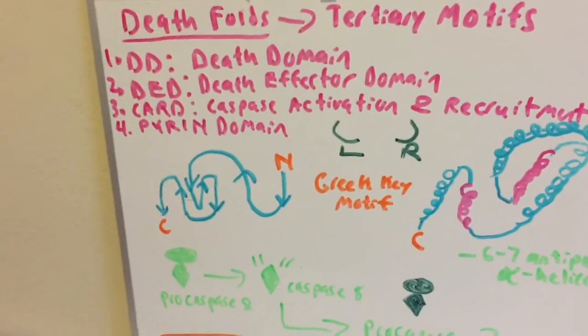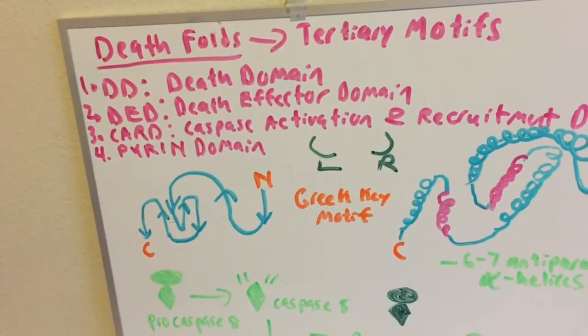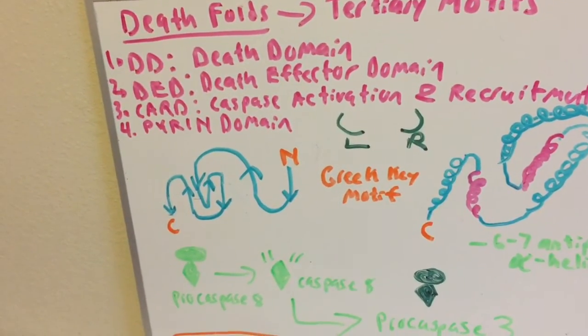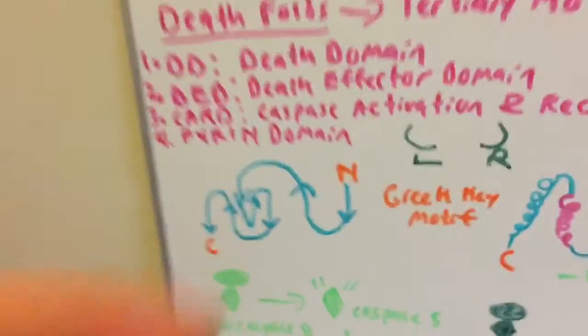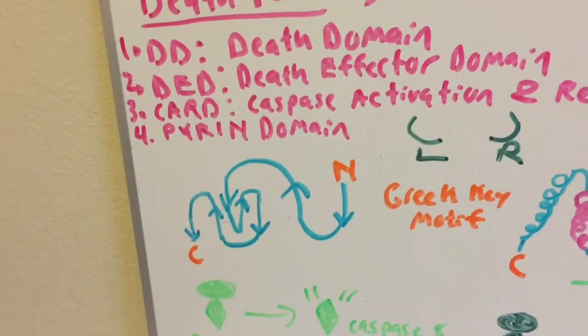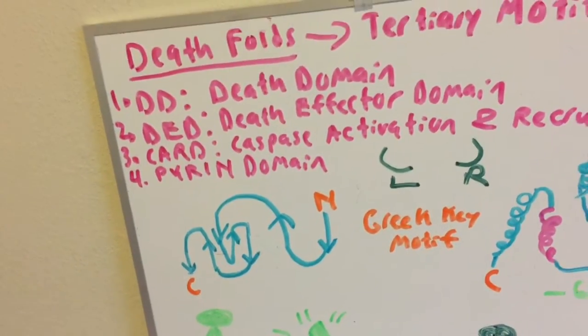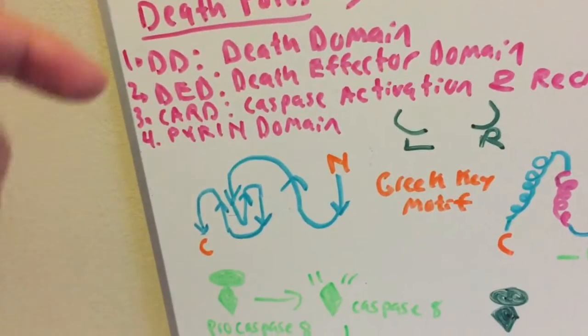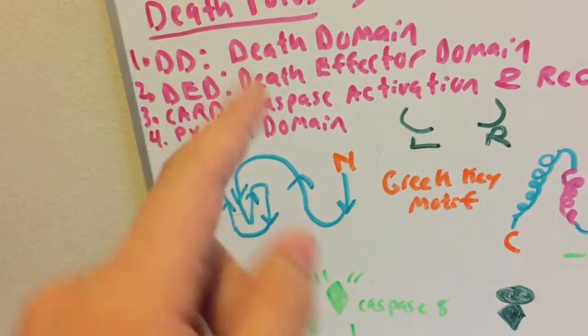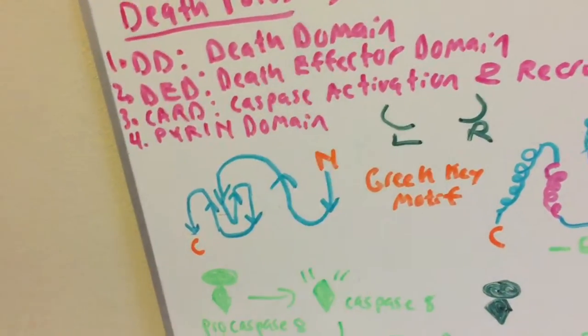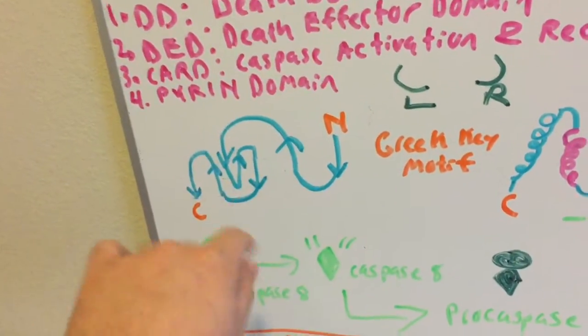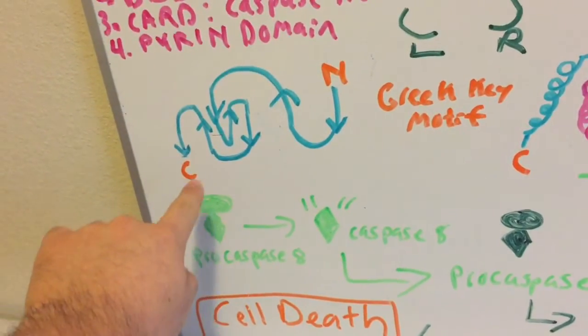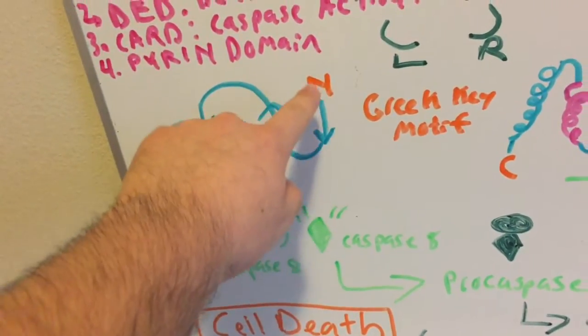This one is an example of a Greek key motif. I don't know if you can see the arrows, but it's meant to show a repeating anti-parallel pattern: it goes in one direction, then the opposite, then back again. This one's a little bit mixed. So we have the C terminus right here, and then the N terminus.